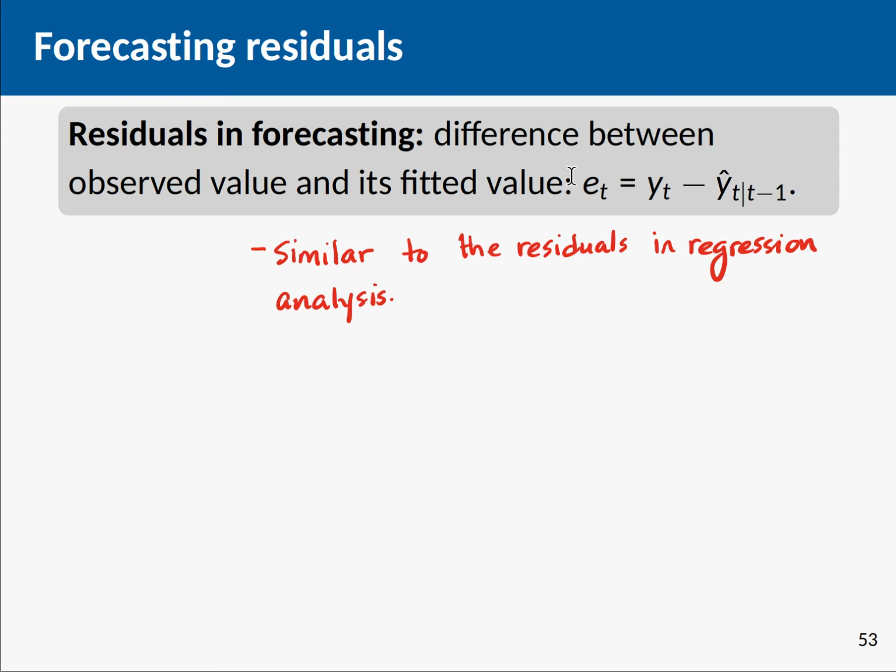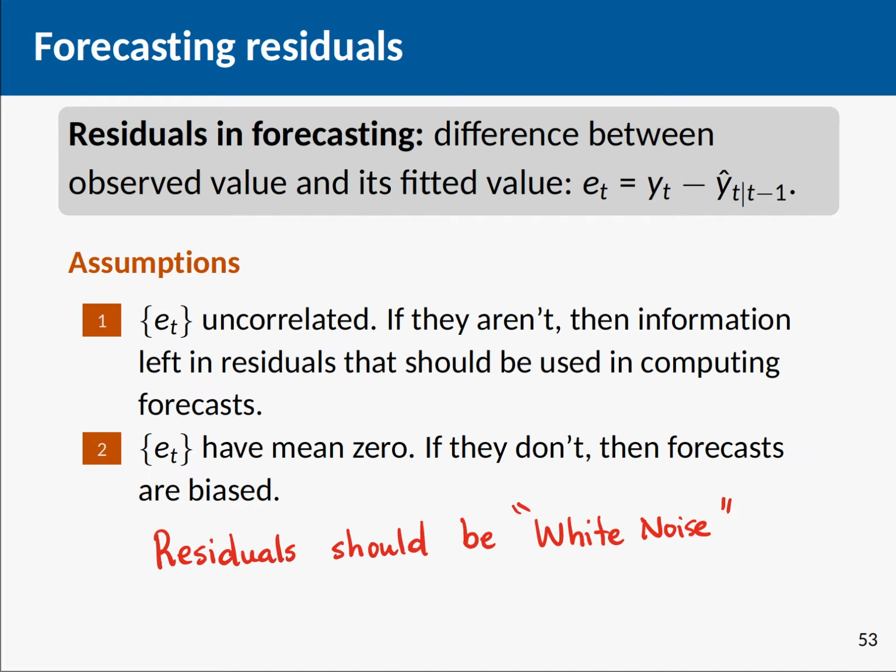So the residual at time t, represented by e t, equals y at time t minus the fitted value at time t based on the information at t minus 1. Now there are some assumptions that make our residuals well behaved.